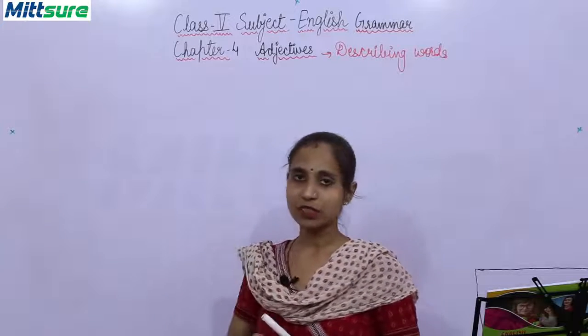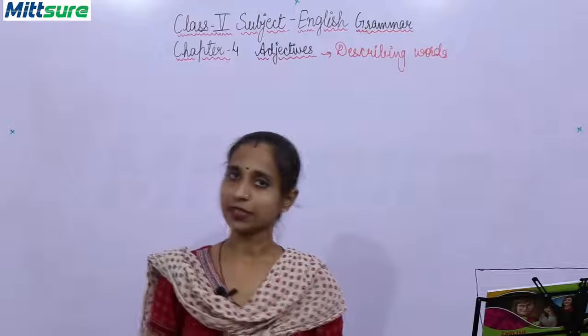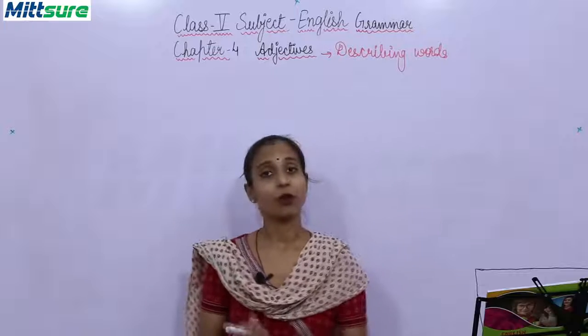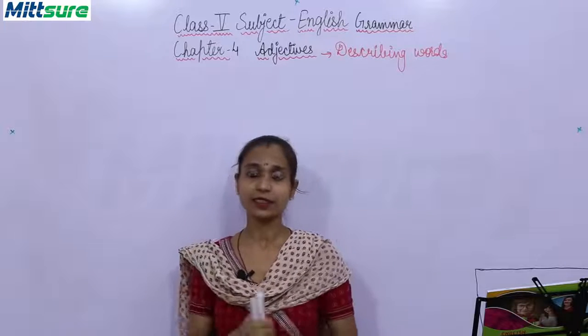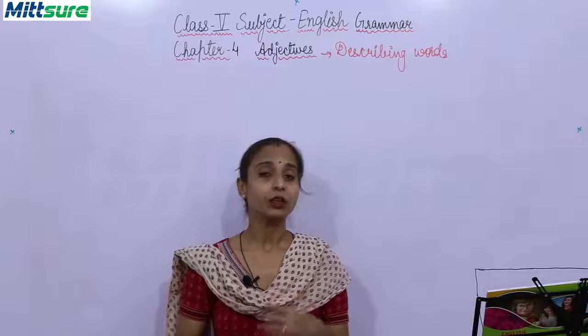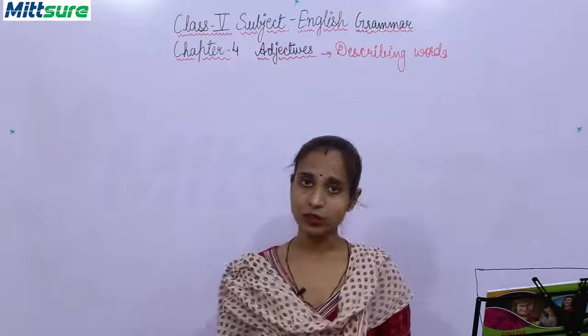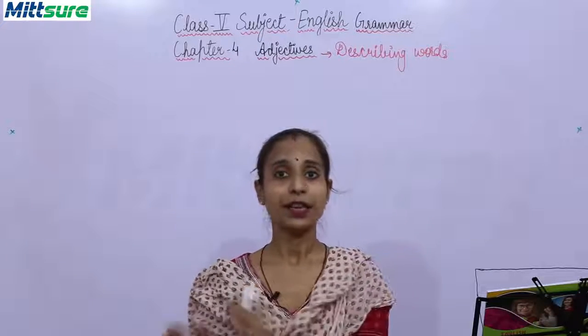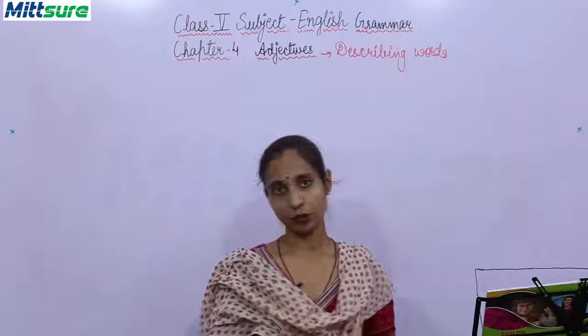We came to know that they are known as describing words, but why are they known as describing words? They are known as describing words because they describe a noun or a pronoun.